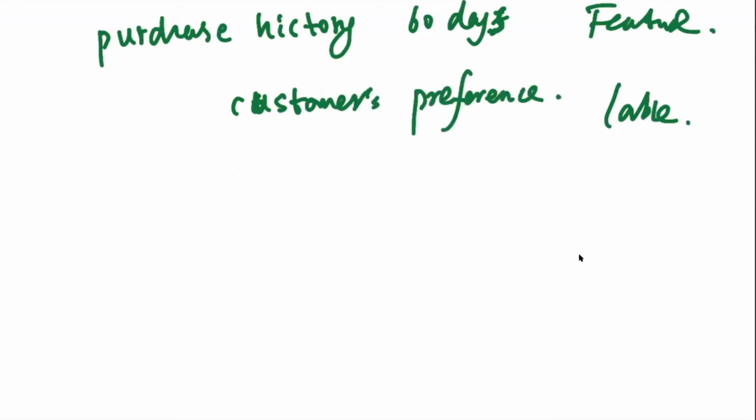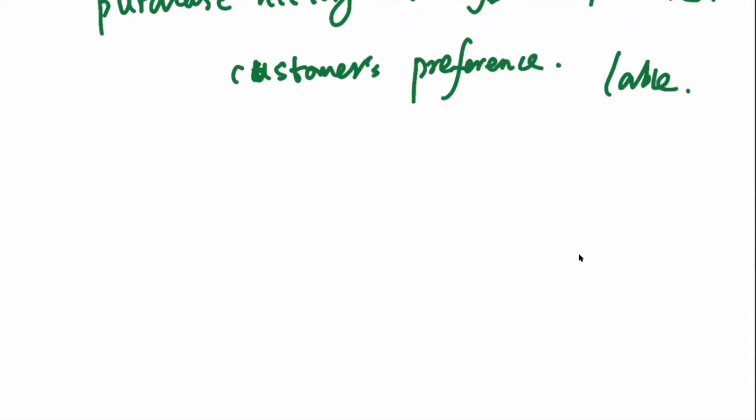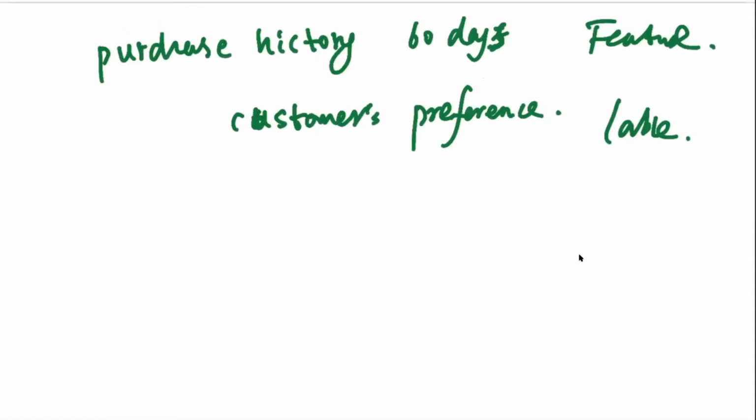Let's get a concrete example. For the past 10 days, a customer bought one book about music and another, maybe fiction, maybe 2.